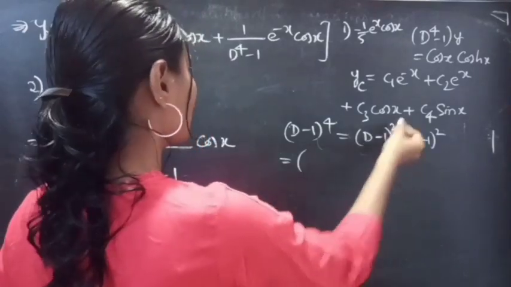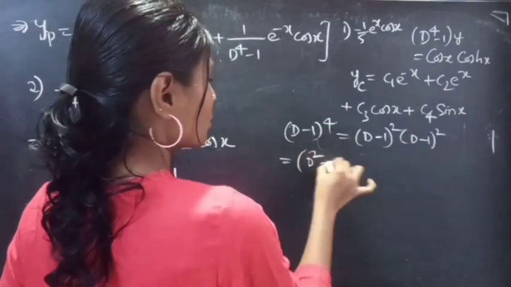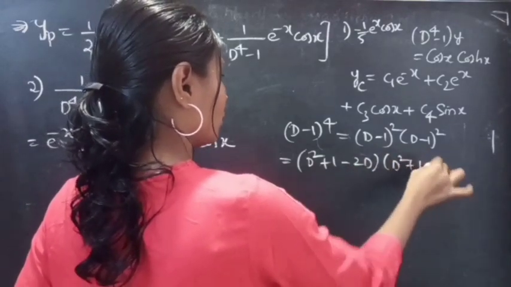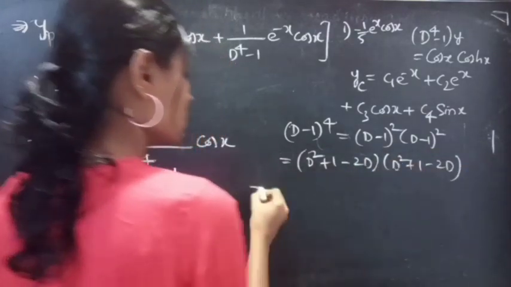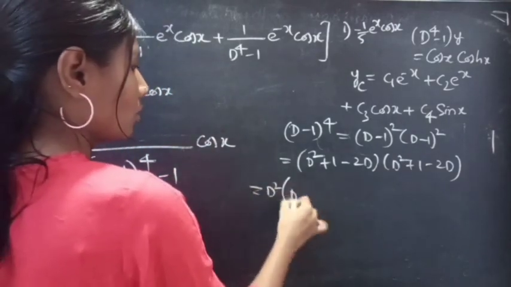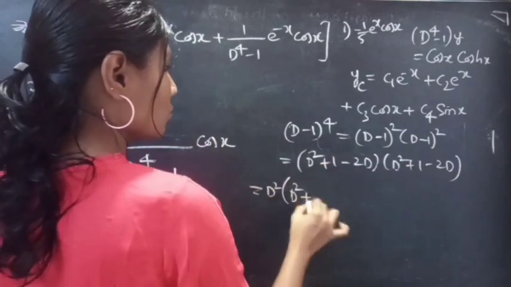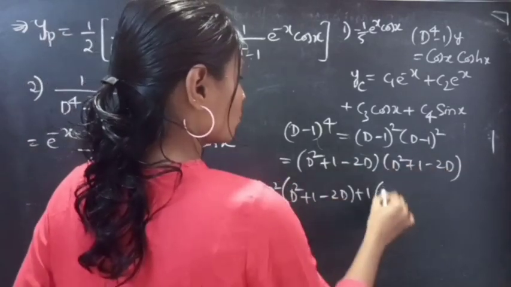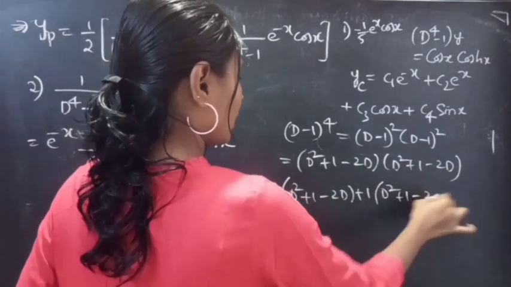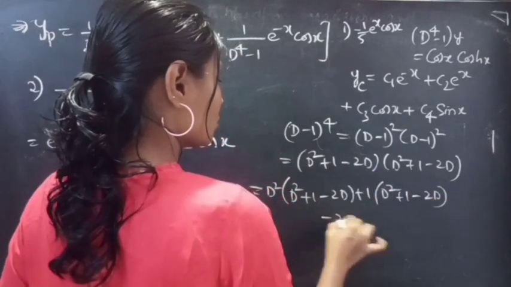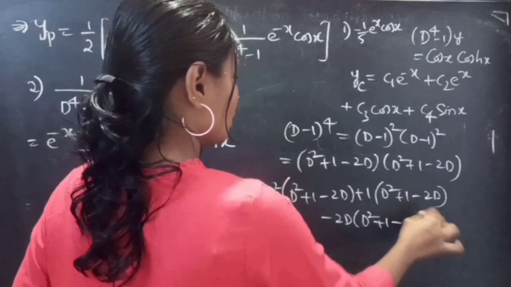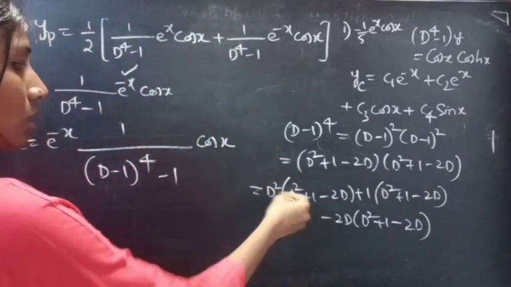We can expand d minus 1 whole square, which is d square plus 1 minus 2d, right? Which is equals to d square plus 1 minus 2d into d square plus 1 minus 2d.